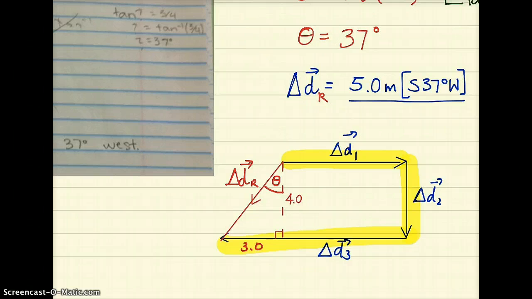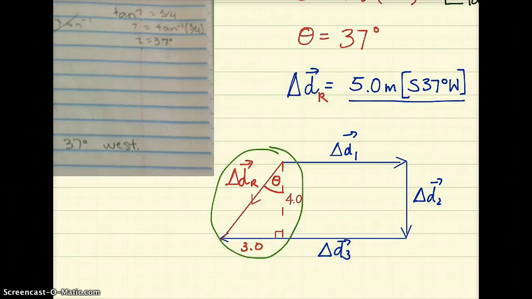Most students use this approach, which is a good approach to take, where you end up with this right angle triangle down here at the bottom. The vertical distance here is 4 kilometers, same as over here. And the reason we've got 3 kilometers down here is because we had 5 kilometers to the east and 8 kilometers to the west.